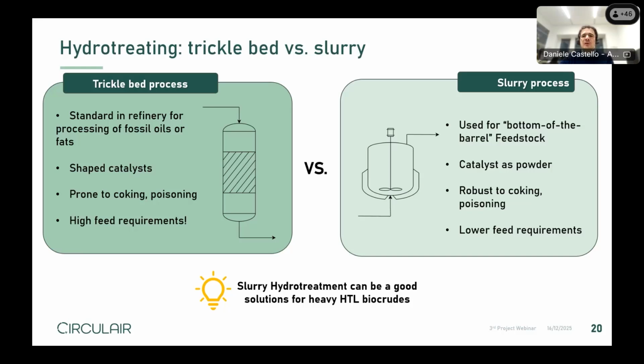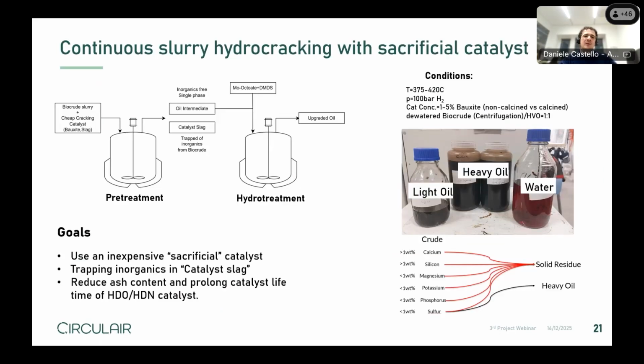It normally is used in refineries as a bottom of the barrel solution to upgrade the heaviest fractions of the biocrude. So we wanted to test this also for the HTL biocrude, and there were some tests performed at RISE.